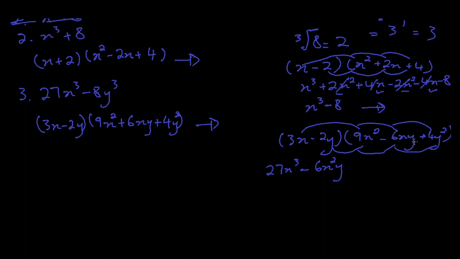Then you multiply this again, this positive 3x multiplied by the positive 4y squared. So it's gonna bring me plus 12xy squared. You do the same for this term. So you multiply, so it's 18x squared y.